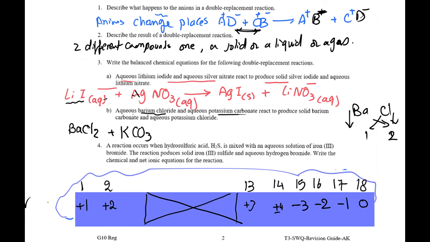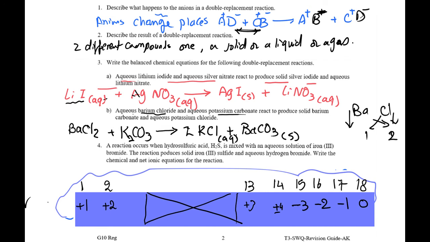Carbonate has a valency of 2, so I should write 2 here, while potassium is in group 1 and has a valency of 1. The salt will be KCl plus barium carbonate. KCl is an aqueous solution, while barium carbonate is solid. And now the equation is balanced.